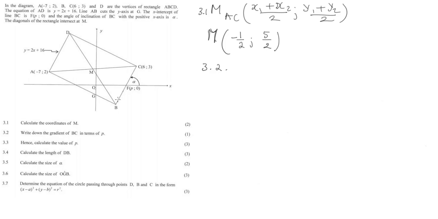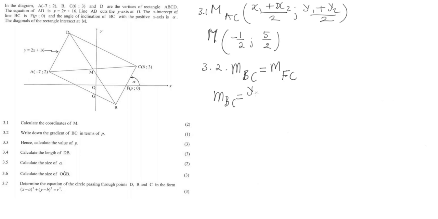Points on the same line have the same gradient, so the gradient of BC is equal to the gradient of FC. So you can use these two points. That is why they say in terms of p.